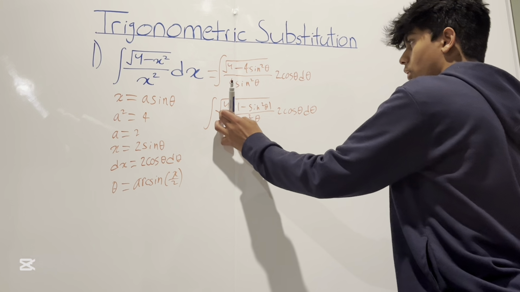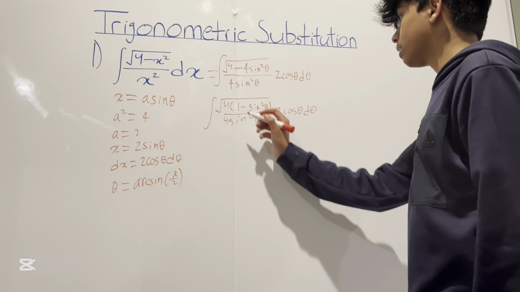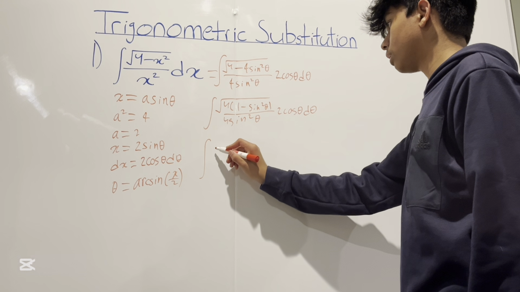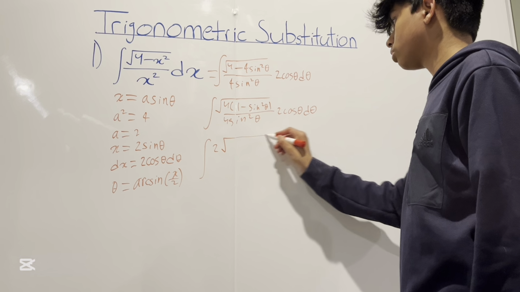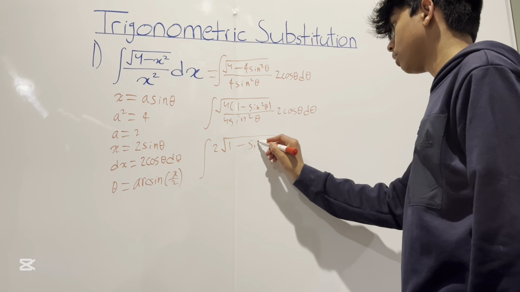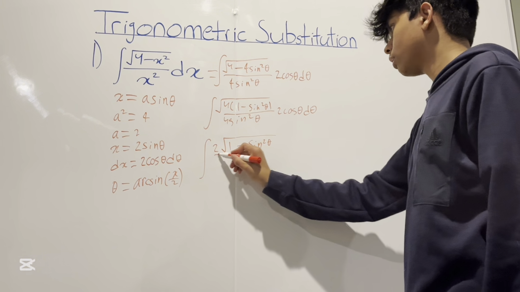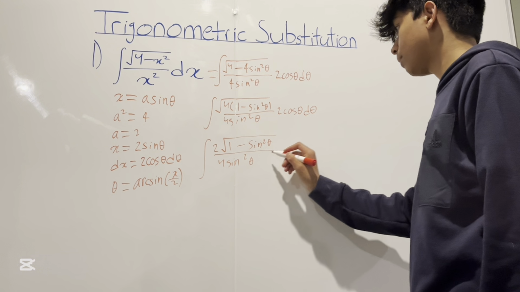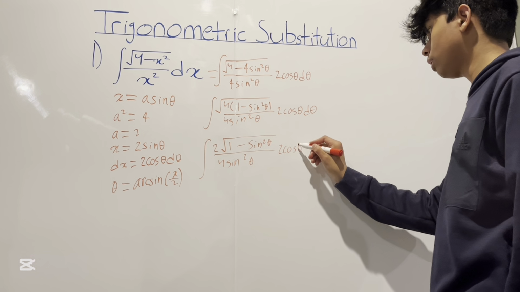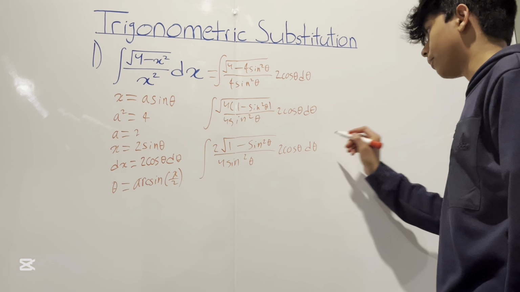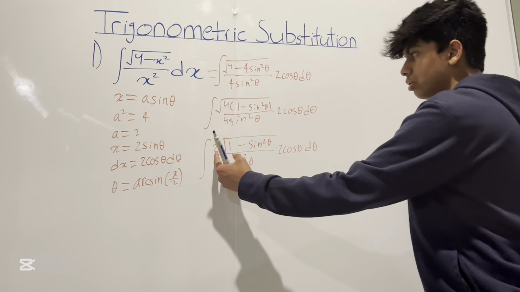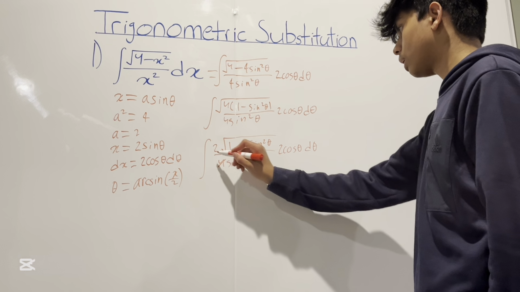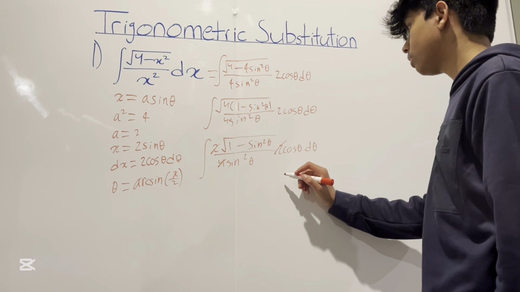We can bring the 4 out and it becomes a 2, because the square root of 4 is just 2. So this will be 2 square root 1 minus sine squared theta divided by 4 sine squared theta, times 2 cosine theta d theta. Now if we multiply 2 and 2 we get 4, and 4 divided by 4 is just 1, so we can cancel off all the scalar multipliers.